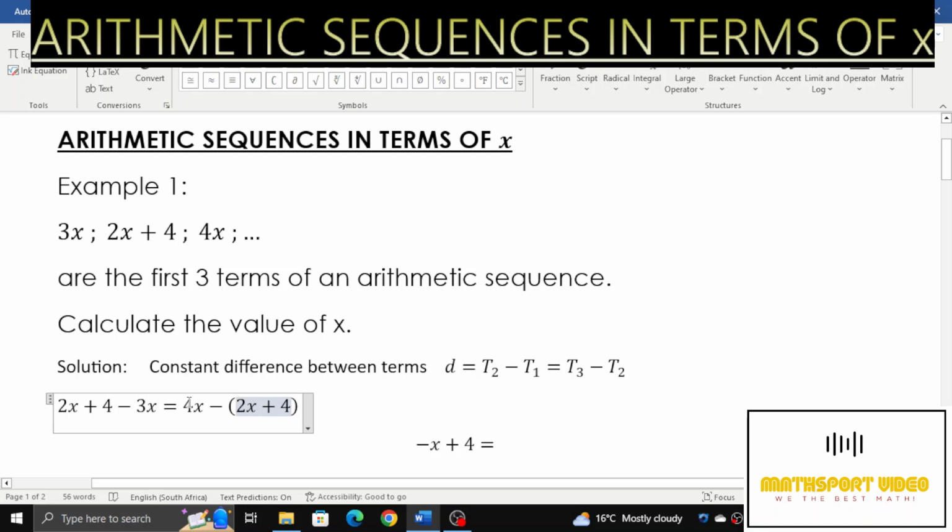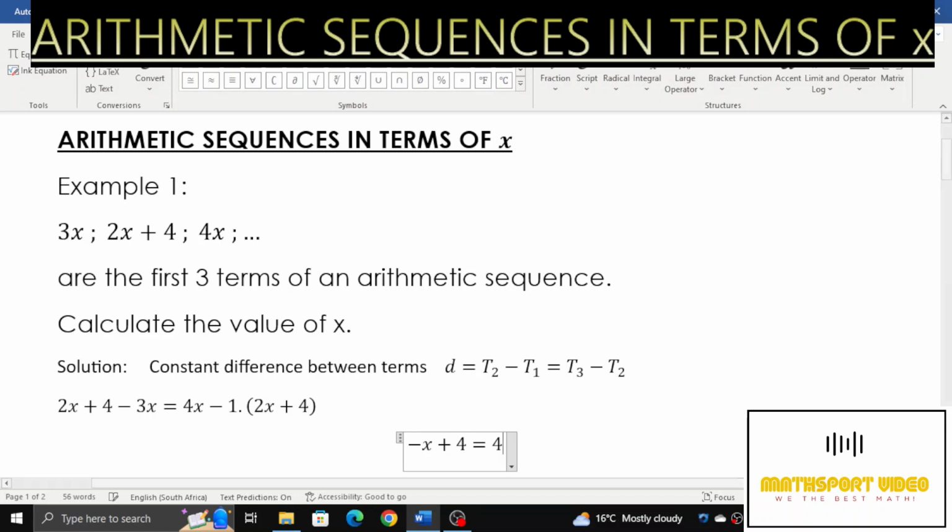Then on the right-hand side, you must just be a little bit careful here. There's a minus, so we are not going to distribute the 4x into the bracket. Why? Because the minus is there. Now you must remember this actually means minus 1 times. So essentially you are taking the negative 1 and you are timesing it into that bracket.